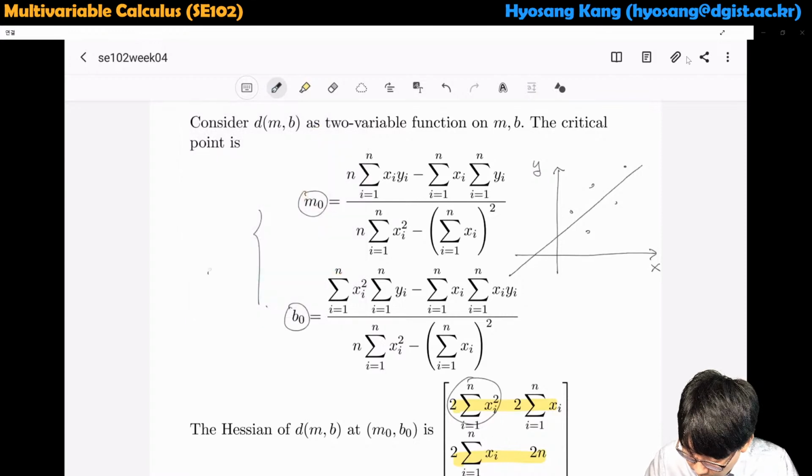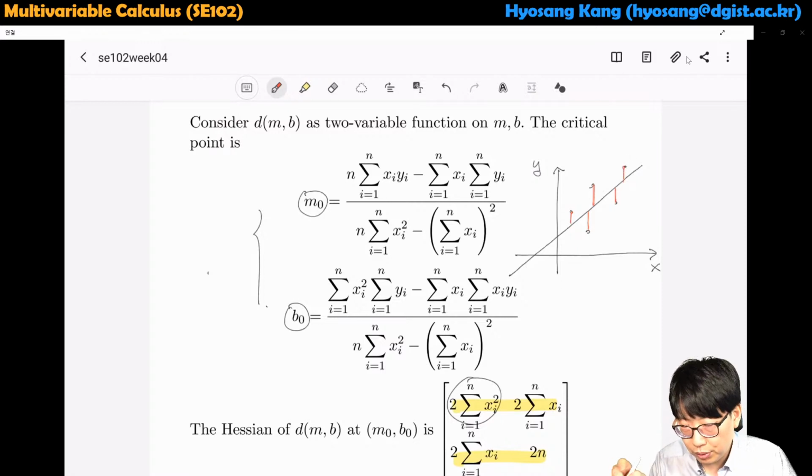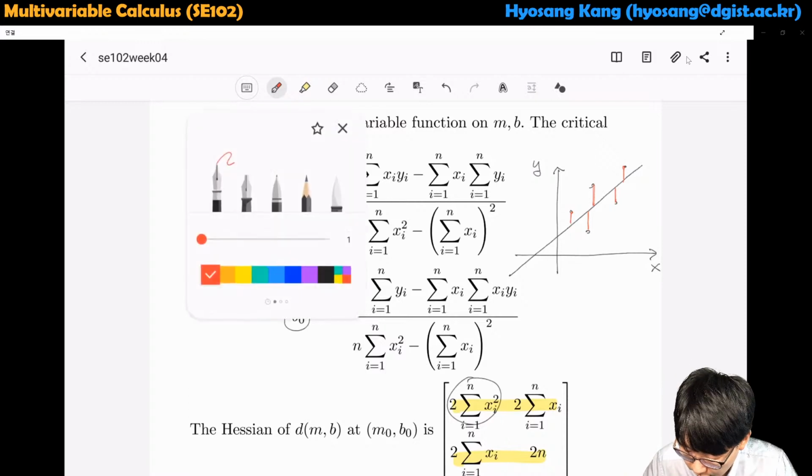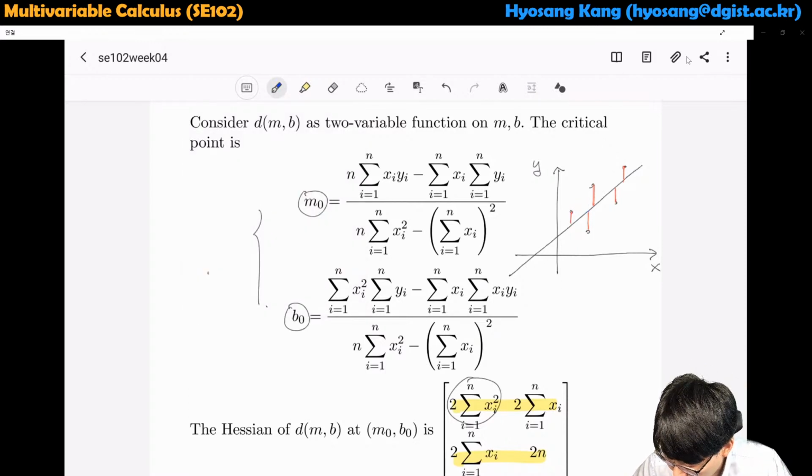We are looking at the error represented by the line which is parallel to the y-axis and perpendicular to the x-axis, and taking the square of all these lengths between the point and the line. This is not the distance between the point and the line. If you want to find the distance, it should be perpendicular to the line, right? So if you really want to find the distance, you have to take the length of the blue lines. But in this regression, we're taking the length of the red lines.